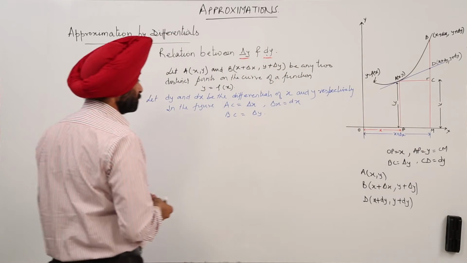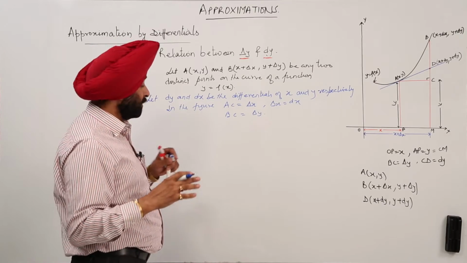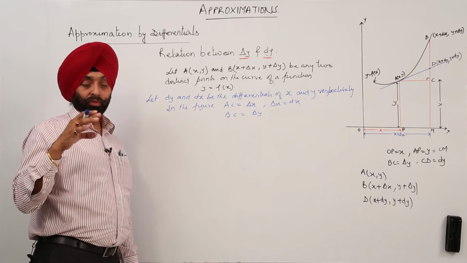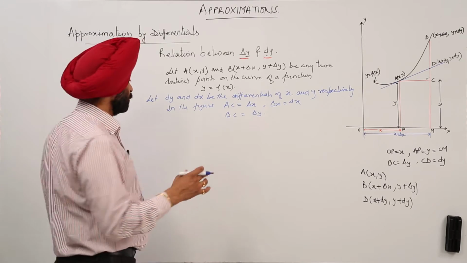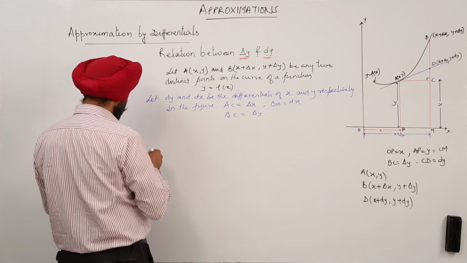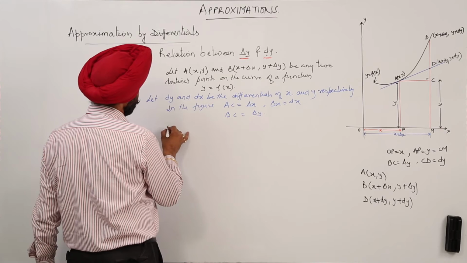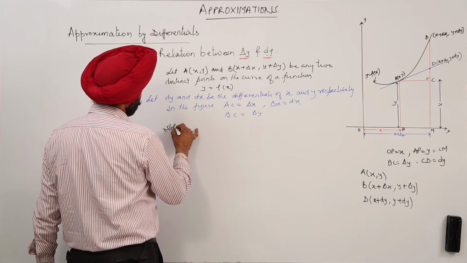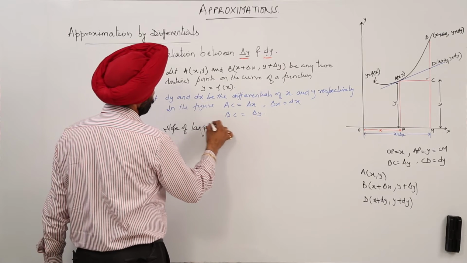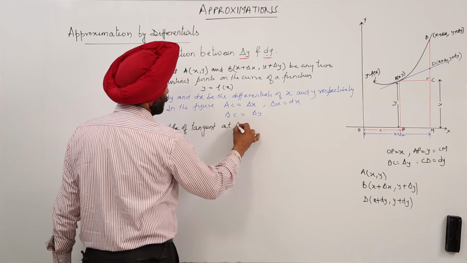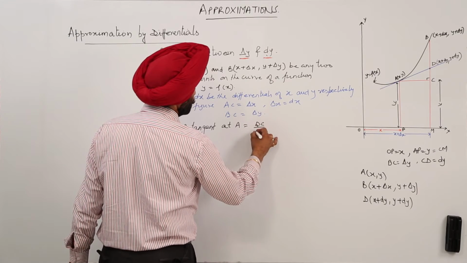Okay. So now one more thing, we have learned tangent and normals, and we are knowing that the derivative at any point is basically the slope of the tangent line. So now we can write it, slope of tangent at A is equal to DC upon AC.